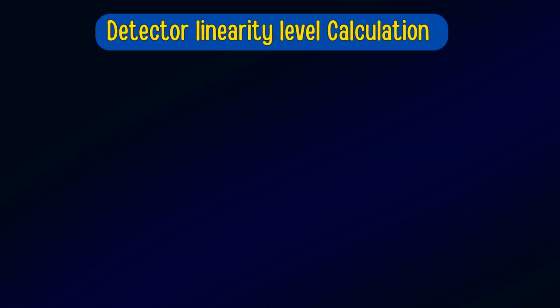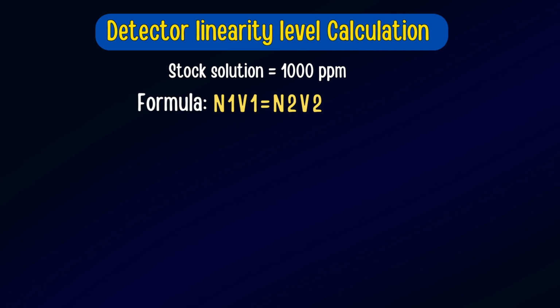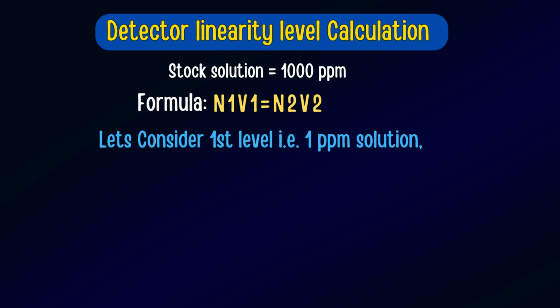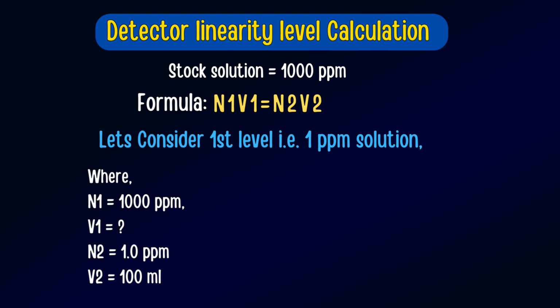Now coming to our detector linearity levels, as our stock solution is 1000 ppm, so from this stock solution we can prepare our linearity levels using the basic formula N1V1 is equal to N2V2. Let's consider our first level, that is 1 ppm solution. In this, N1 value is 1000 ppm, V1 value in ml we need to calculate, then N2 value is 1 ppm and V2 value is 100 ml.